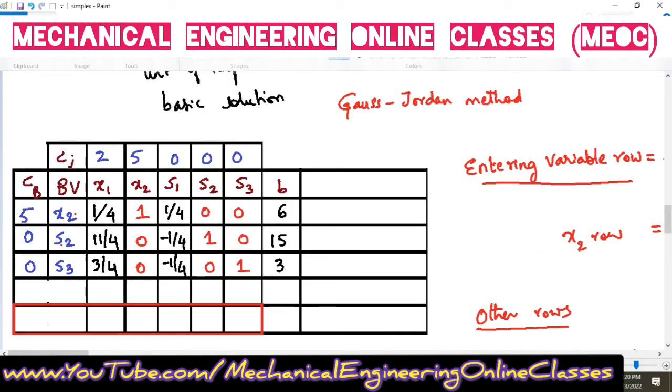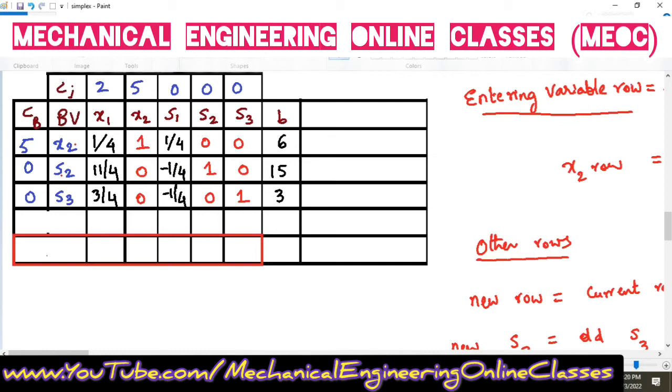So straight away from this table we can read the values of x2, s2 and s3. x2 value is 6, s2 value is 15, s3 value is 3. So let us find Zj. Zj will be equal to 5 into 1 by 4 plus 0 into 11 by 4 plus 0 into 3 by 4, that is 5 by 4.